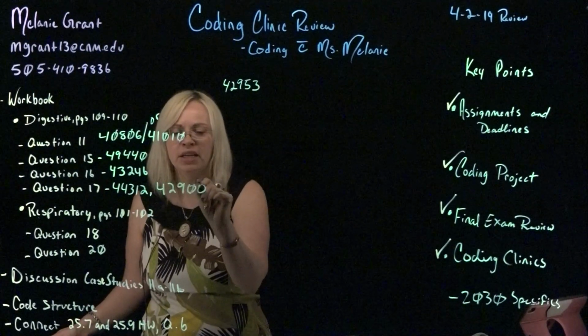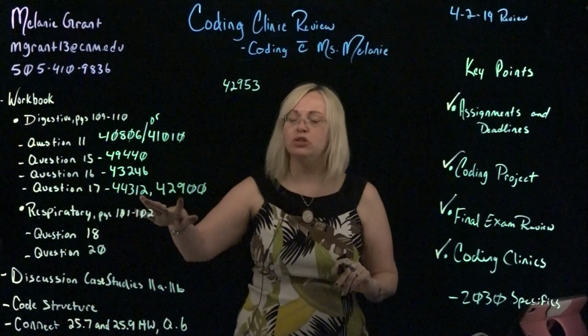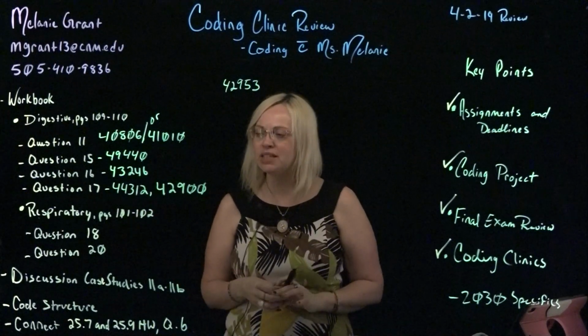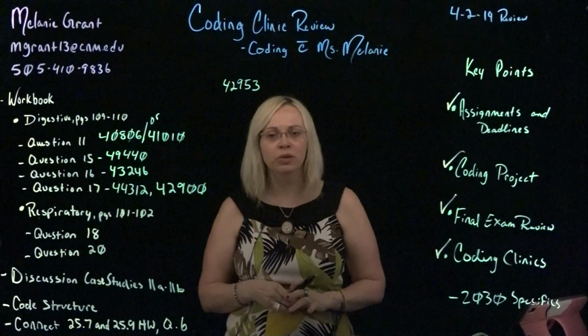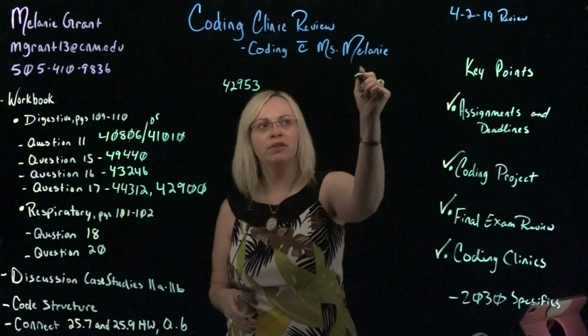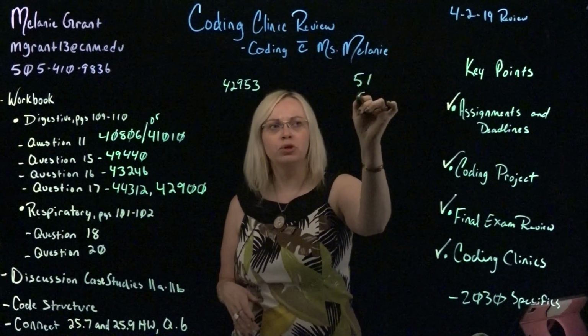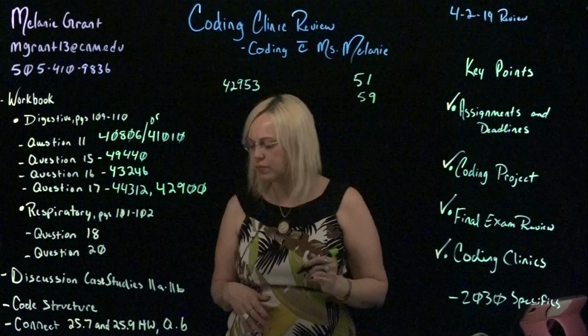Now keep in mind, I've just identified 2 procedures, or what's known as multiple procedures. And so the question that remains is, are these multiple procedures related, which would get a modifier 51, or are they unrelated multiple procedures, which would get a modifier 59?